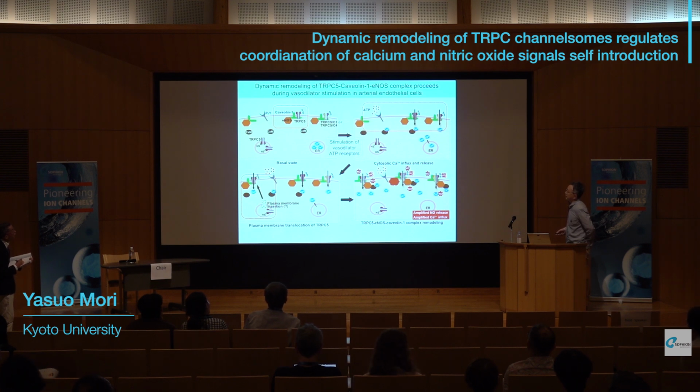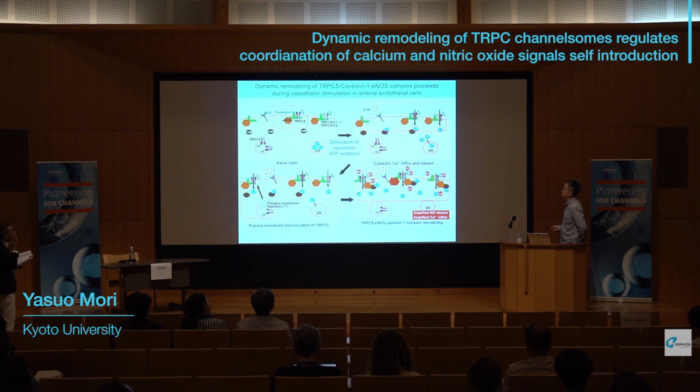At the same time, plasma membrane localization of TRPC5 is enhanced, probably through translocation from the internal membrane to the plasma membrane. Then eventually eNOS is activated, nitric oxide is produced, and nitric oxide nitrosylates TRPC5 proteins to enhance activity and amplify calcium signals and nitric oxide production.